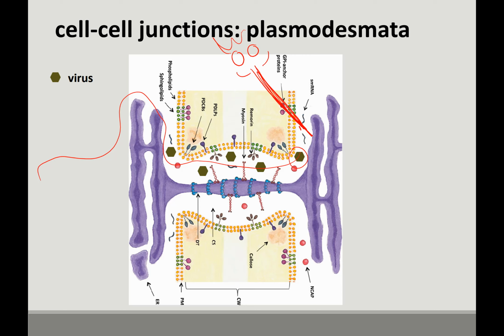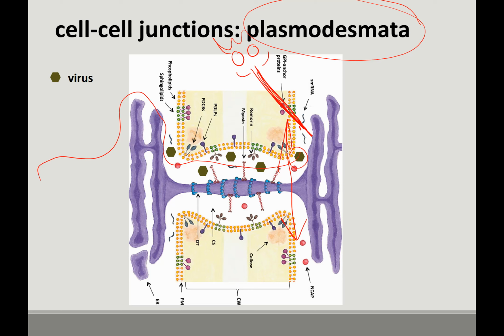And some plant viruses can actually stretch this even bigger if they need to go cell to cell. So remember that plasmodesmata is my favorite biology word. You will definitely see it on quizzes, exams, and the final exam. You've been warned. Don't forget it.